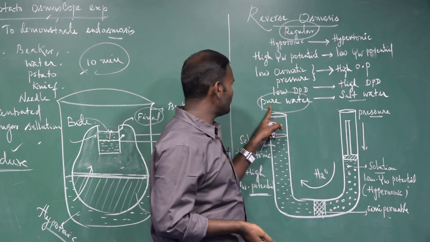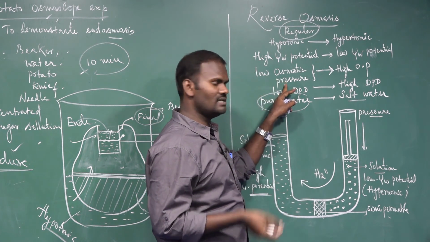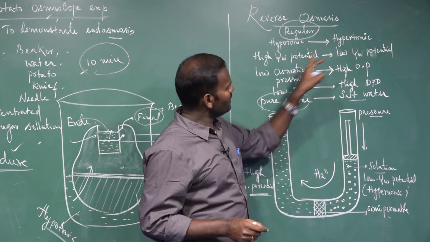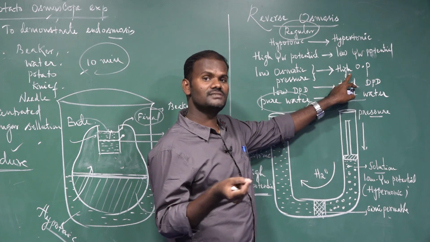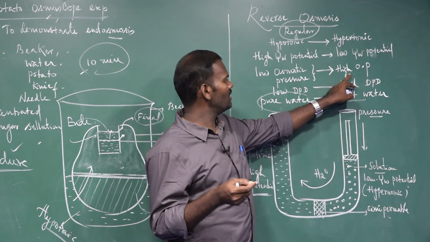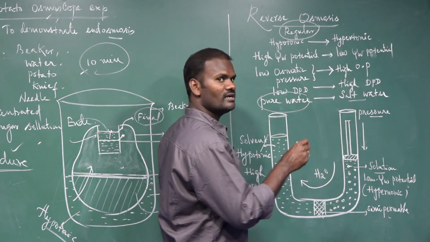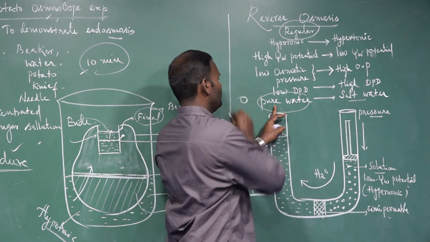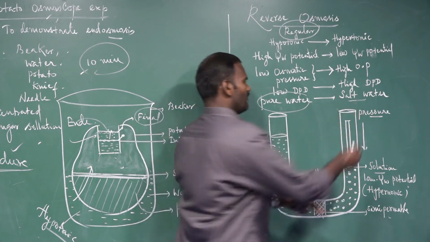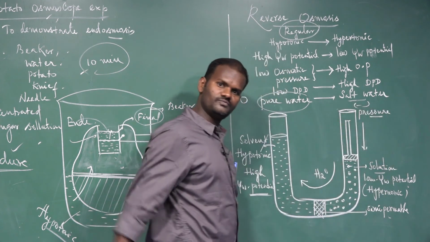In pure water, osmotic pressure is very low. In hypertonic solution or salt water, osmotic pressure is high. But the value of water potential is low, because the maximum water potential of pure water is 0. When any solute particle is added, the value becomes negative.